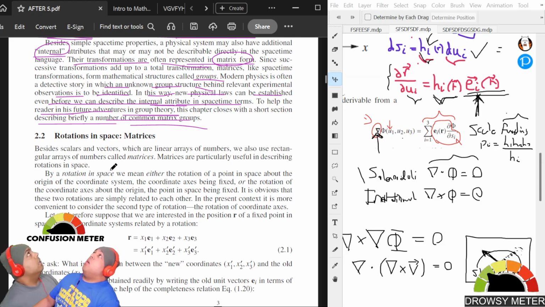By a rotation in space, we mean either the rotation of a fixed point in space about the origin of the coordinate system, the coordinate axes being fixed, or the rotation of the coordinate axes about the origin, the point in space being fixed. It is obvious that these two rotations are simply related to each other, and in the present context it is more convenient to consider the second type, the rotation of the coordinate axes.